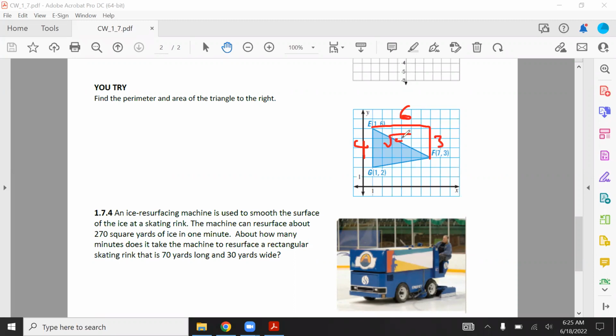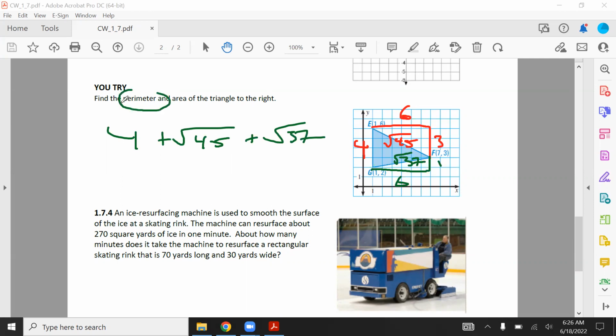I know it's root 45. And that's going to be 6 and 1. That's going to be root 37. So the answer is 4 plus root 45 plus root 37 for the perimeter. Right, perimeter's adding up both sides.